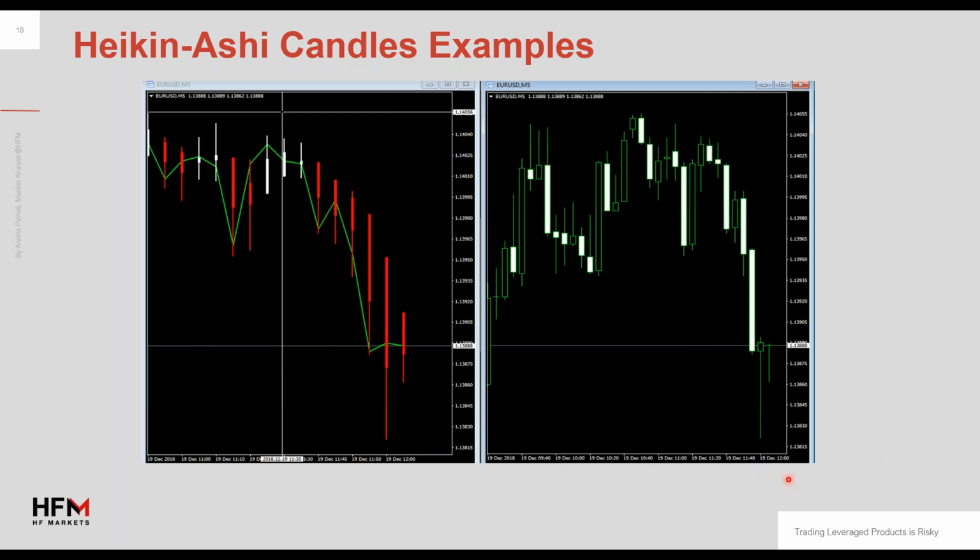More examples of it here. Over here, as you can see, is a 5-minute chart. I wanted to show you that it can be applied even in a 5-minute chart, but you need to be a bit faster, as you understand.